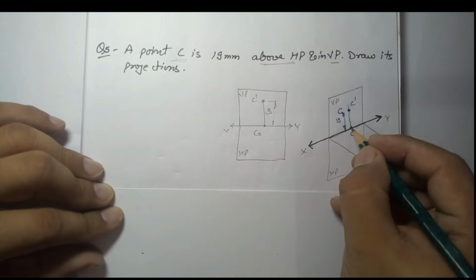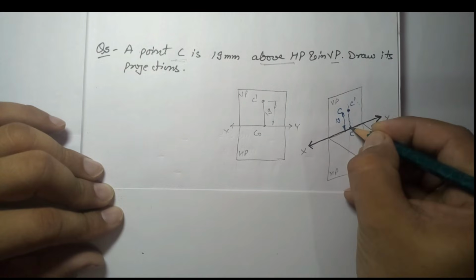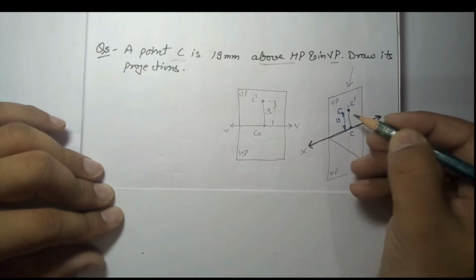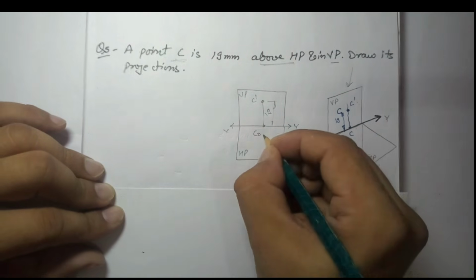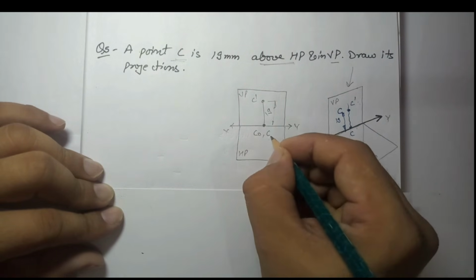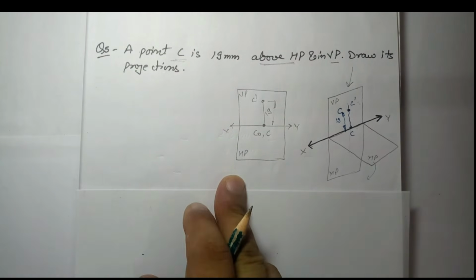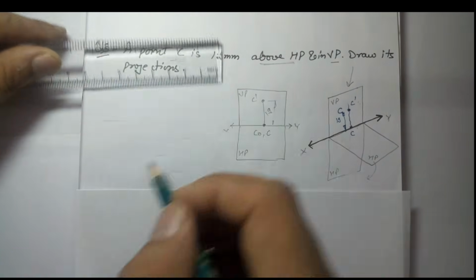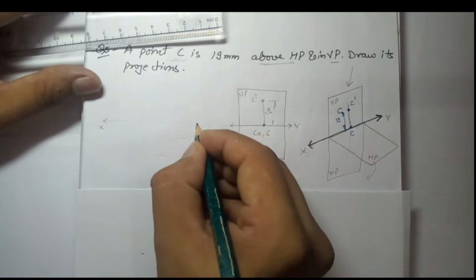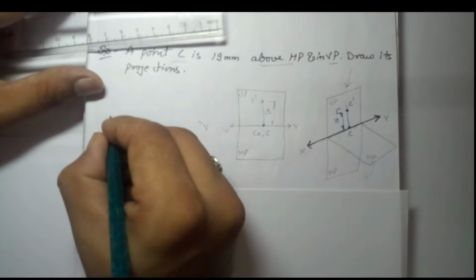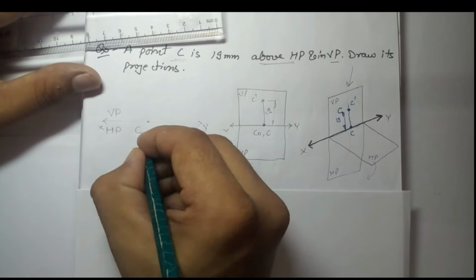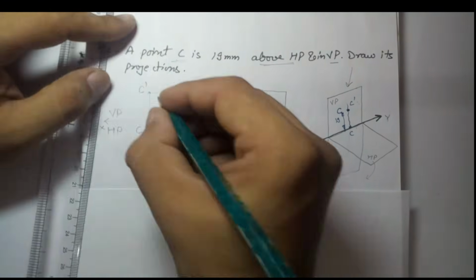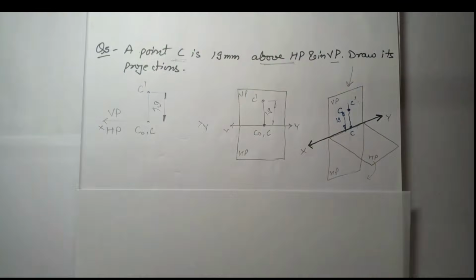It will be just on the reference point. If you see from the top, this point is in VP, no gap from VP, so it will be on the XY line. So C0 and C both will be the same point. So how to draw this diagram? Draw the XY line. So this is the solution.